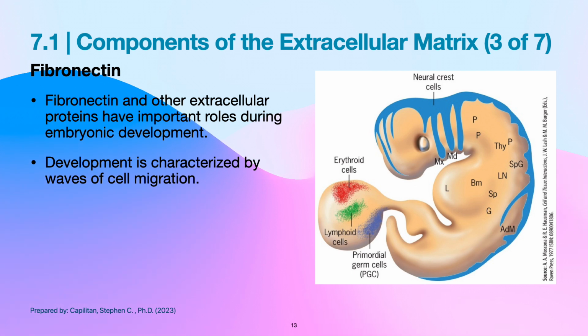The most extensive movements are conducted by the neural crest cells that are shown in blue. They migrate out of the neural plate in the dorsal midline of the embryo, and they give rise to all the pigment cells of your skin, denoted P, the sympathetic ganglia, or the SPG, the adrenal medulla, or the ADM, and the cartilage of the embryo called MX, MD for maxillary and mandibular arches.